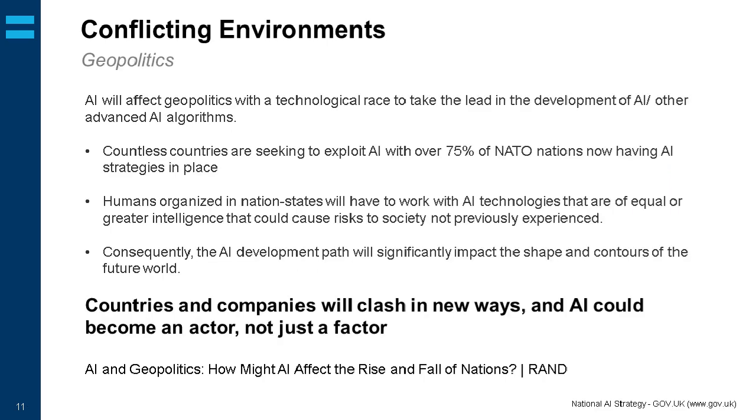So if we then move on to geopolitics, we've gone from the environment to the battlefield to the tension between countries themselves. Now, we often see that when there's a sudden surge in technology, you have a technology race between different countries. One wants to be better than the other, basically to take the lead in the development of technology.